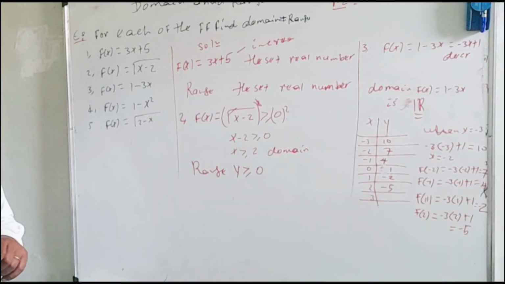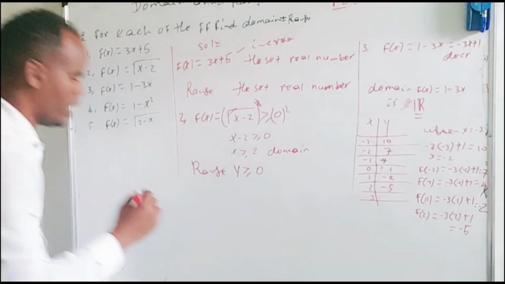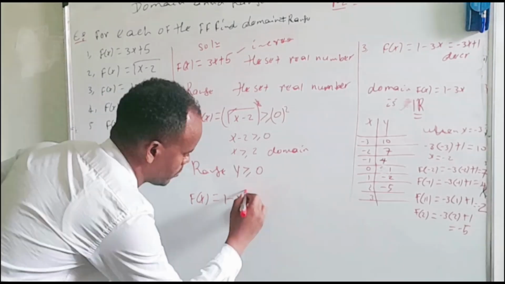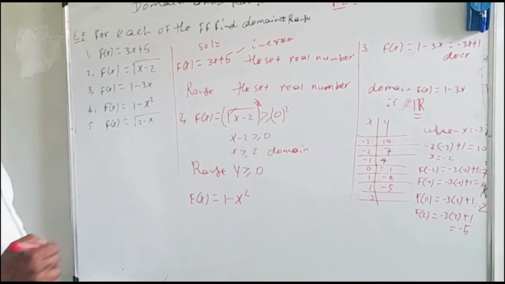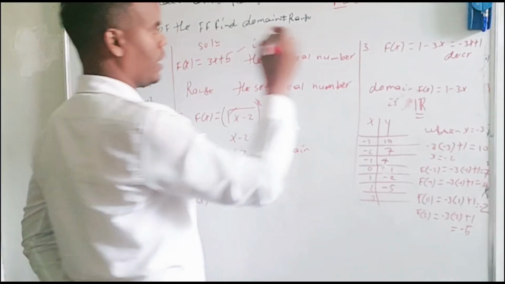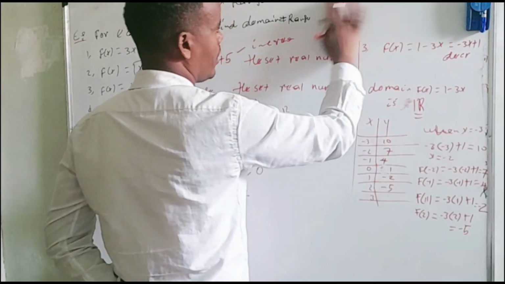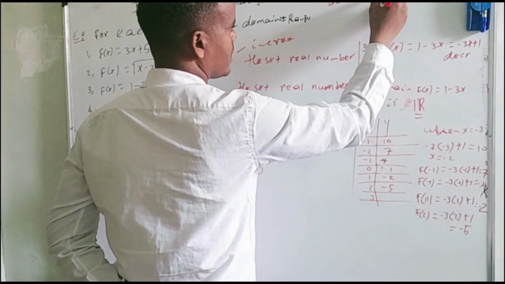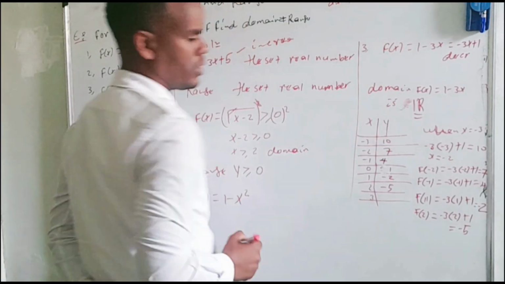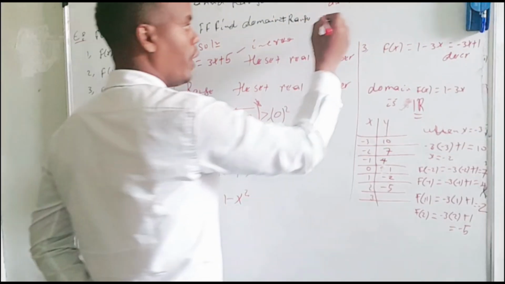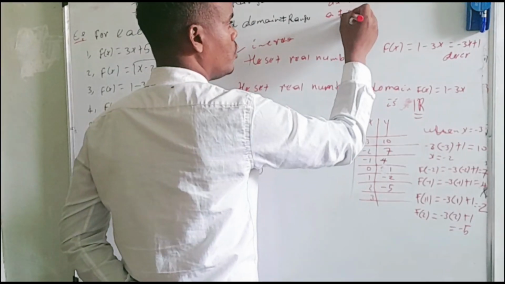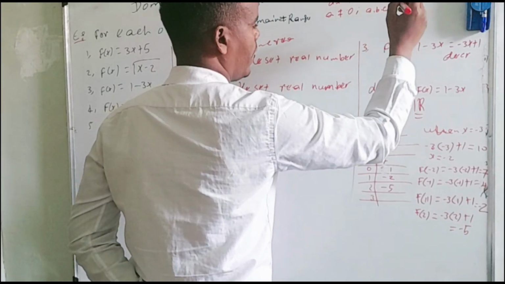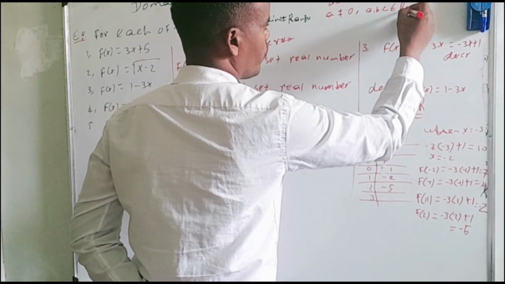Okay, the next one, which is number 4, f of x is equal to 1 minus x to the power of 2. A quadratic equation is any equation that can be written as ax squared plus bx plus c equals 0, where a is different from 0 and a, b, c are arbitrary real numbers.